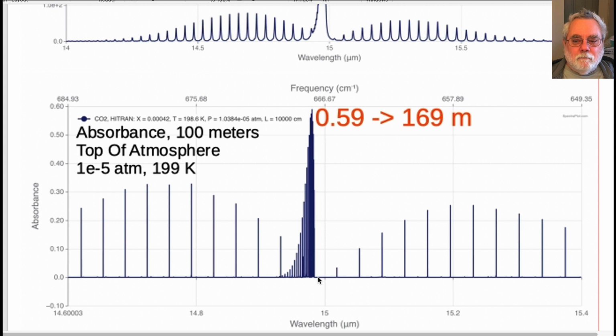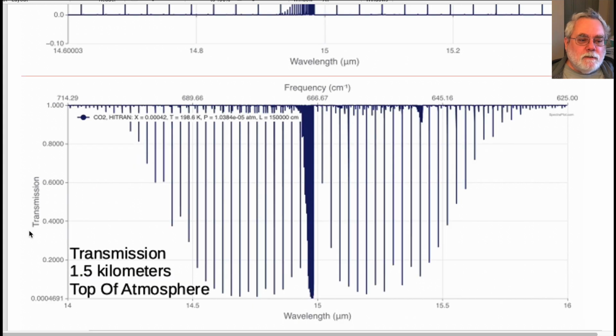It's complicated. Here is the transmission through 1.5 kilometers at the temperature, pressure, and density at the 80-kilometer top of atmosphere, from 14 microns to 16 microns. This graph looks much different than our earlier graph at the bottom of the atmosphere. Instead of a wide band of 100% absorption at the bottom of the atmosphere, we now have sharp lines at the top of the atmosphere.